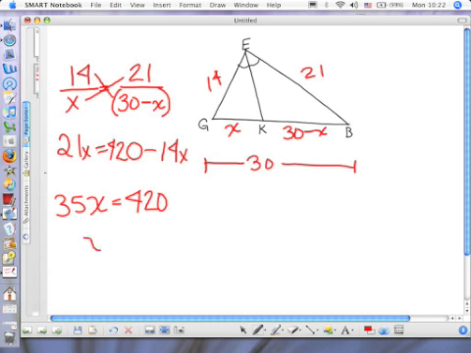And then divide both sides by 35. You get 12. X had a value of 12. Now make sure you answer the question that was asked. If they had said, find KB, then we'd say it's 18. Okay?